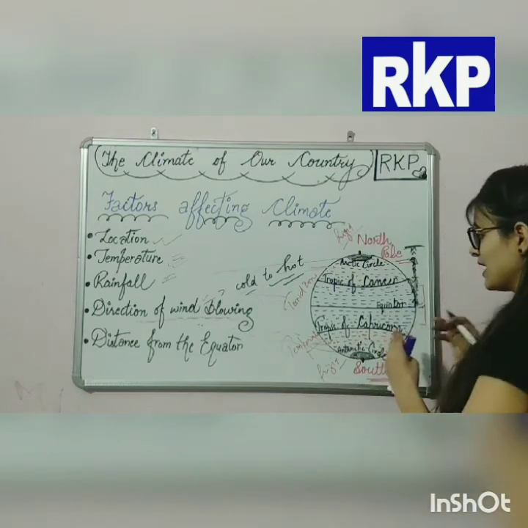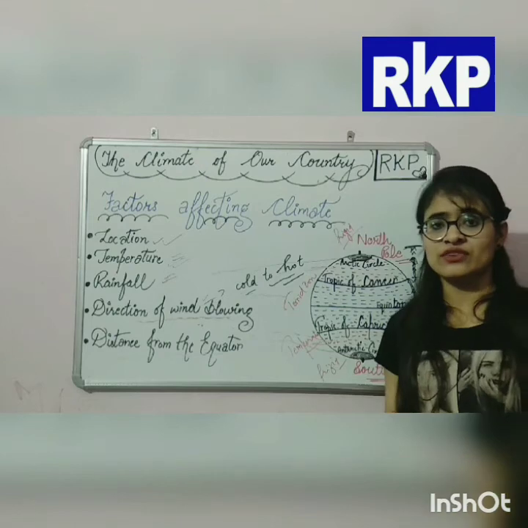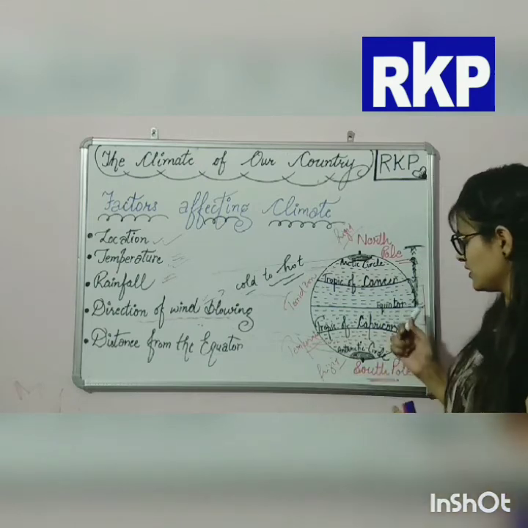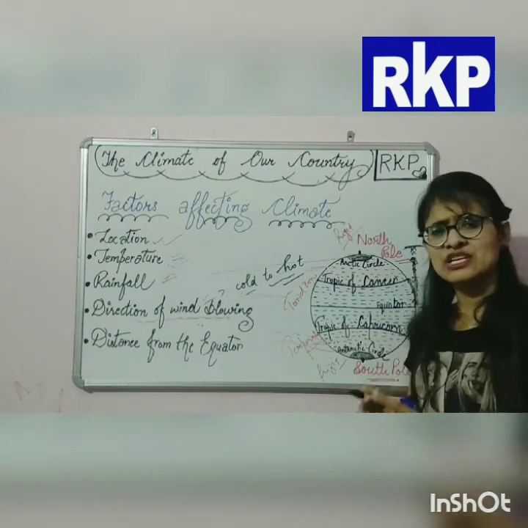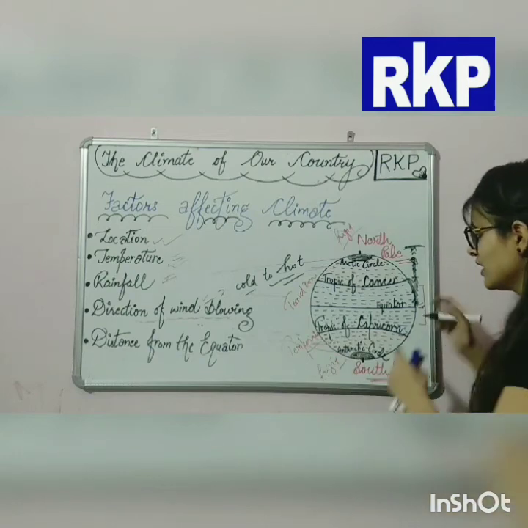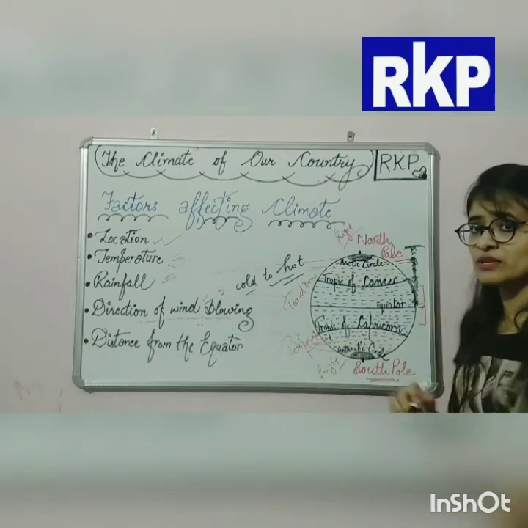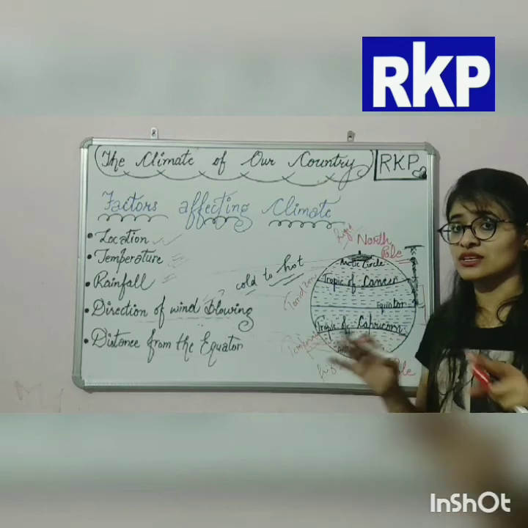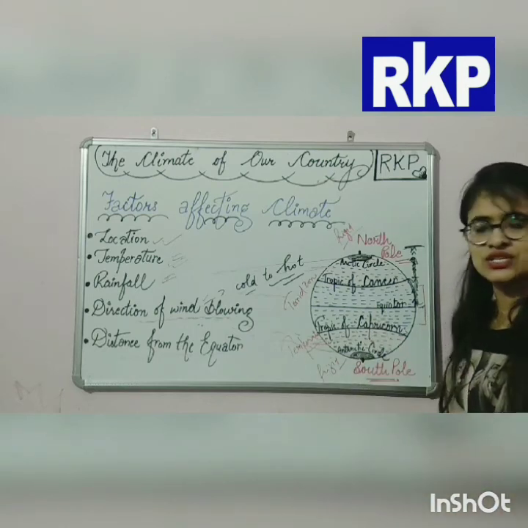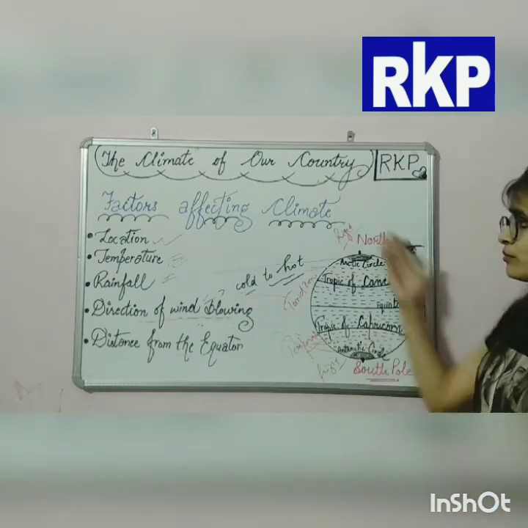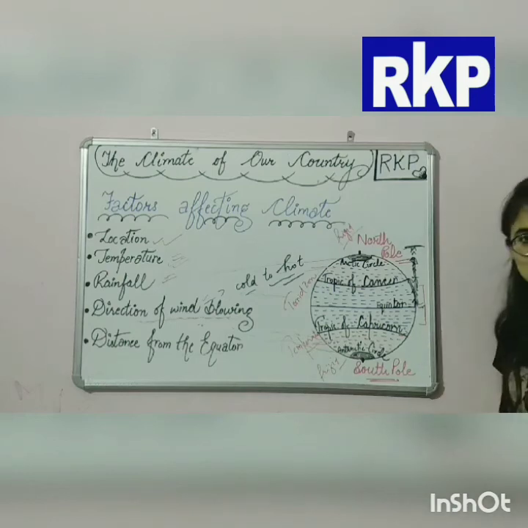As well as if we are nearest to the equator, then the temperature will be highest. But if we are going far away from the equator, the temperature is decreasing or the climate is changing. I hope all this is clear to you all.